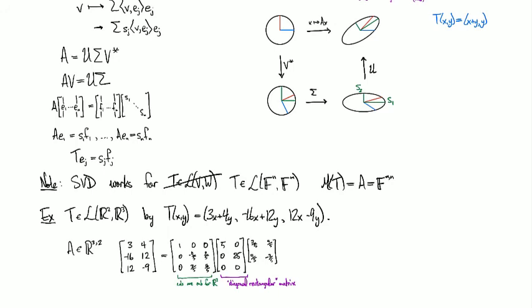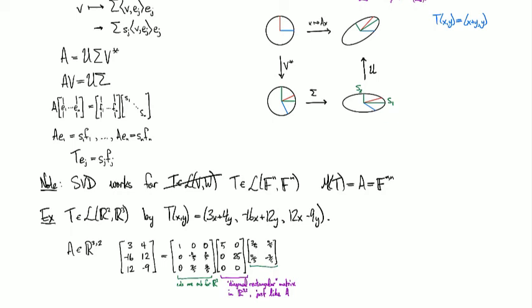The A sub jj entries are the only ones that can be non-zero. And so this is going to be a matrix in R3 by 2. It's going to be the same shape as the one that you're decomposing. And then this other one here, the rows of this one are going to be an orthonormal basis for R2. And if the rows are, then the columns are as well, because isometry, isometry, isometry.